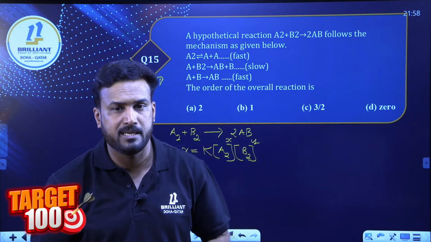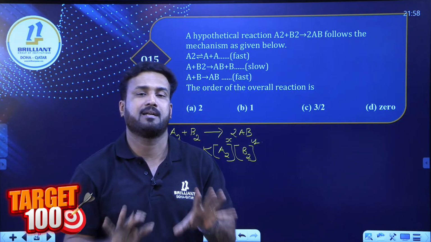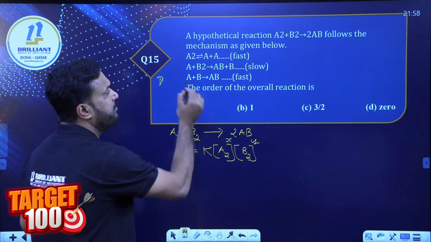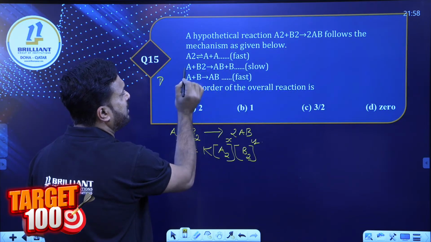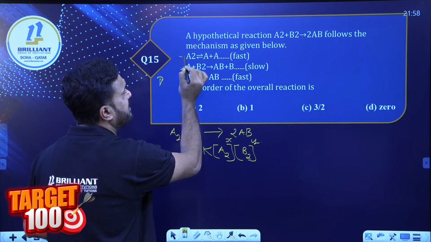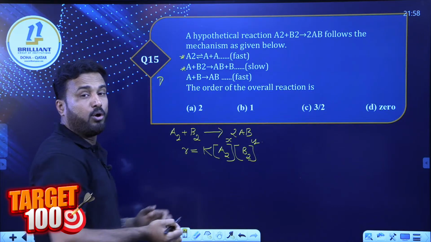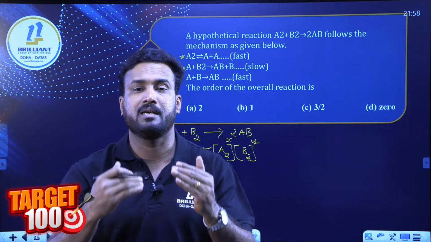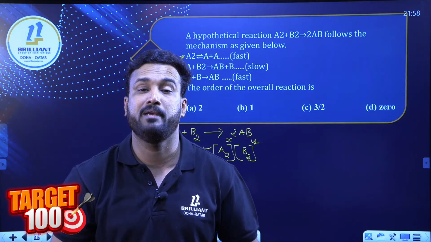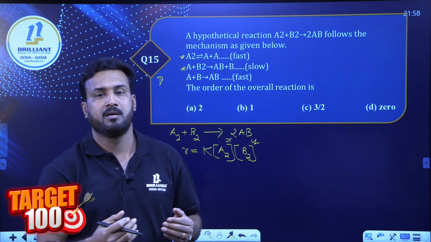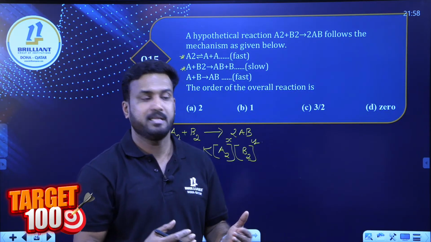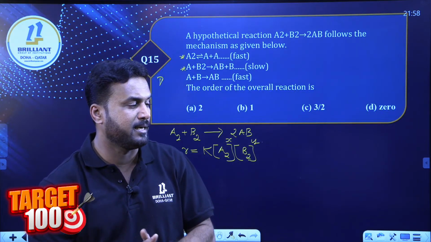Whenever they are giving the mechanism, keep in mind each step is an elementary reaction. So we have to focus on two elementary steps: one is the slow step, as well as the reversible reaction. Rate law can be applied only for the slowest step. That is why it is called the rate determining step.